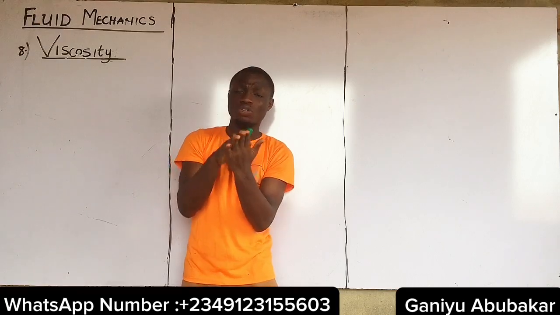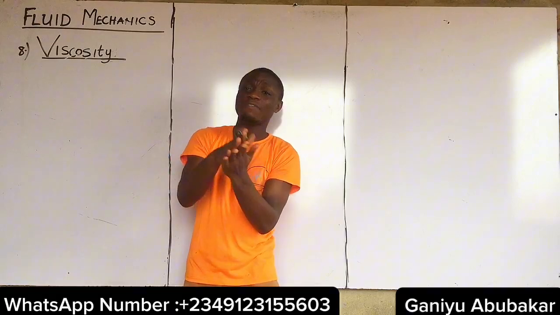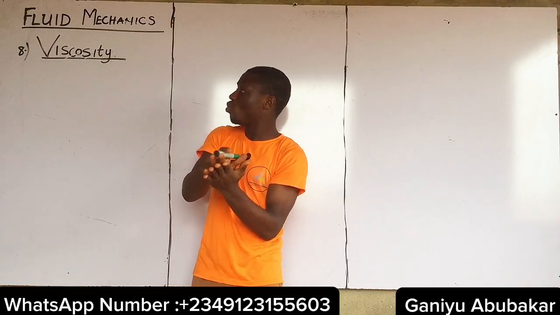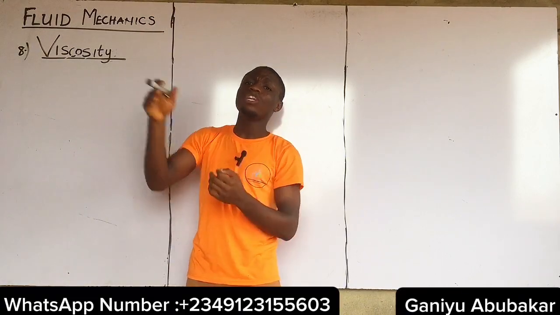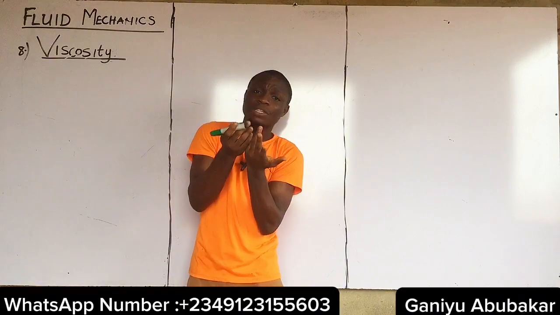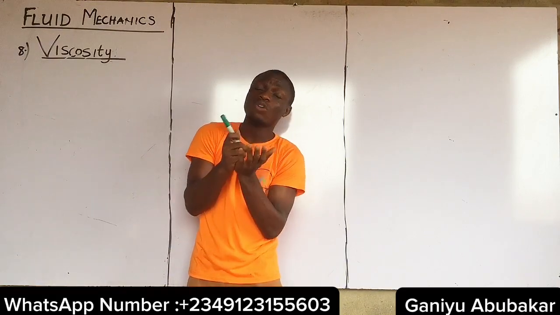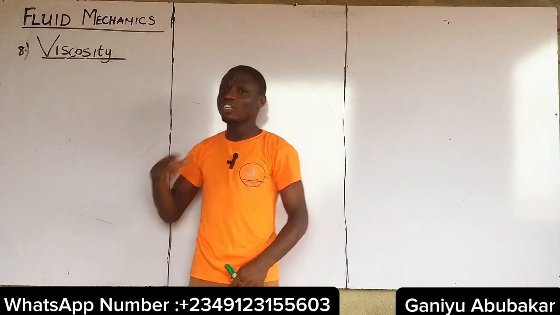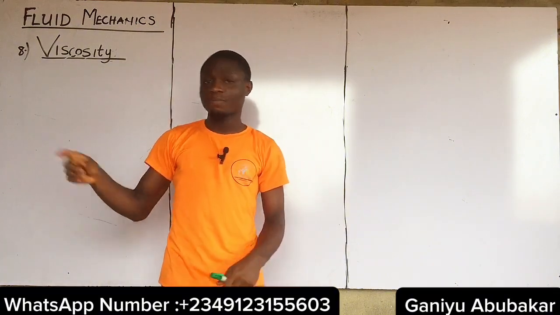There will be friction, like heat generated from these two objects rubbing each other. So when two liquids are rubbing against each other, the thing that will be generated is called viscosity. That's the idea behind the concept of viscosity.